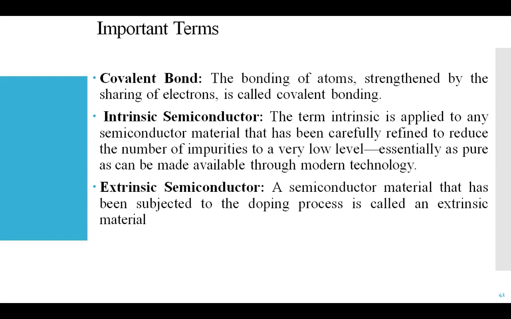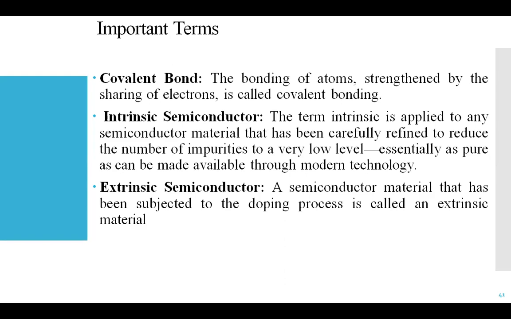First is the intrinsic semiconductor material. This term is applied to any semiconductor material that has been carefully refined to reduce the number of impurities to a very low level.